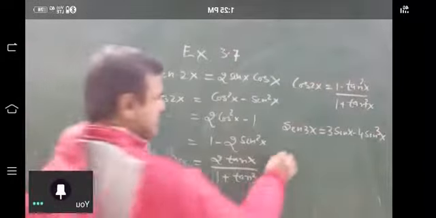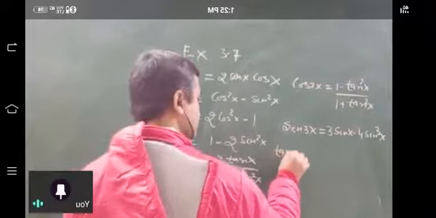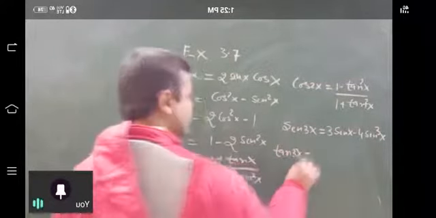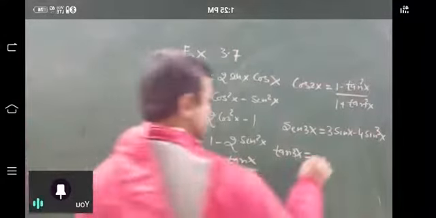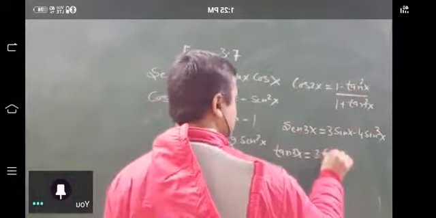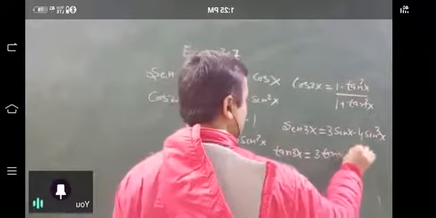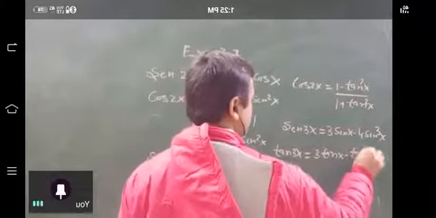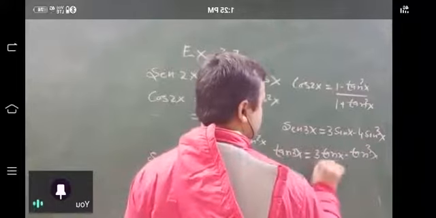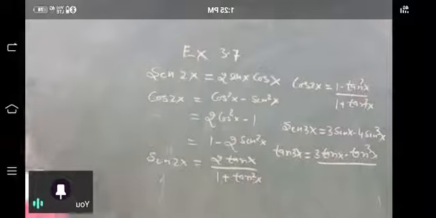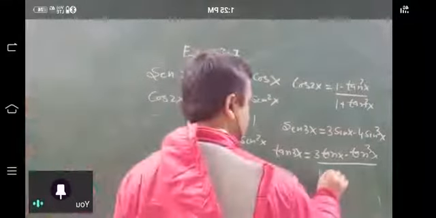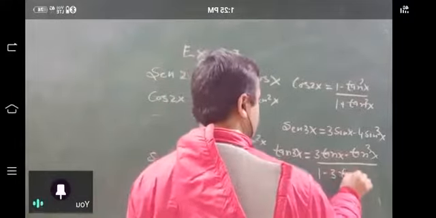Tan 3x equal 3 tan x minus tan cube x upon 1 minus 3 tan square x.